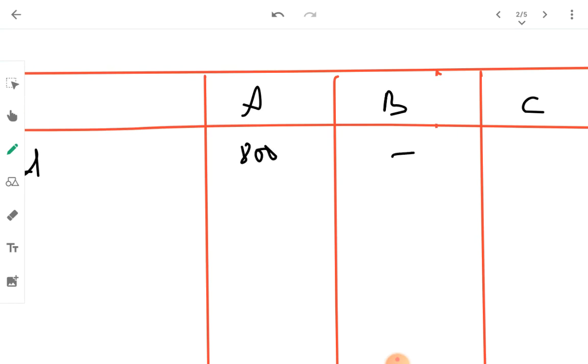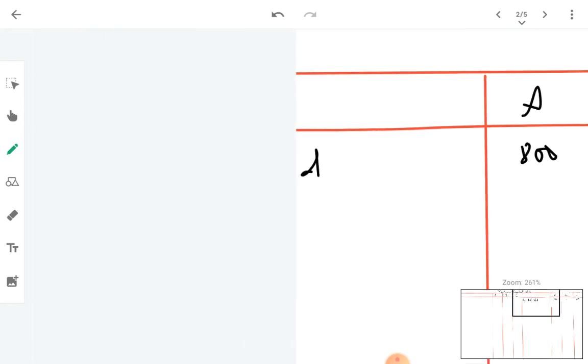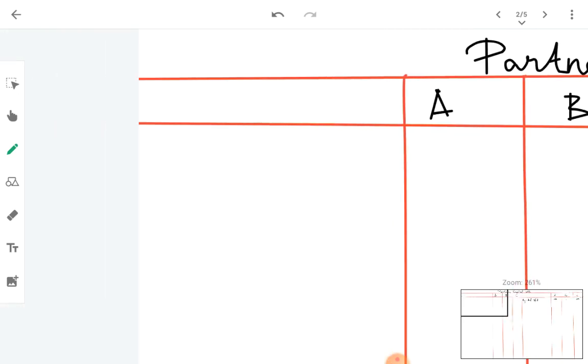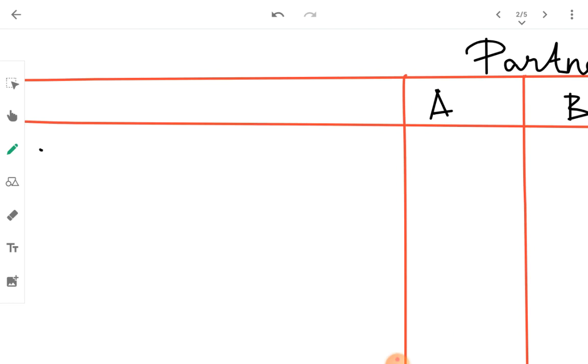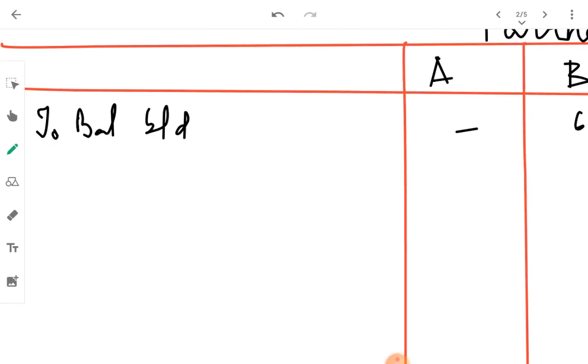Partner B does not have a positive balance, and partner C is 500. And partner B has an overdrawn balance, therefore balance brought down in case of partner B, overdrawn is rupees 650.